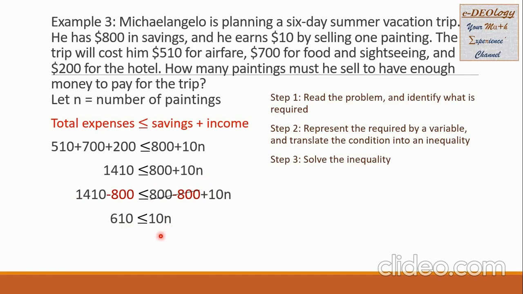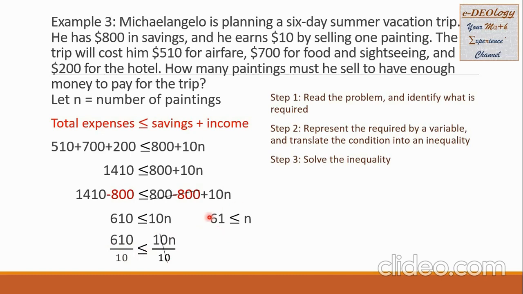Then we want to make the coefficient of n equal to 1. We will divide this inequality by the coefficient of n, which is 10. So here it is now 10n over 10, and the left side also is 610 divided by 10. We cancel now the coefficient and the divisor. We have now the n. The left side now is simplified into 61.